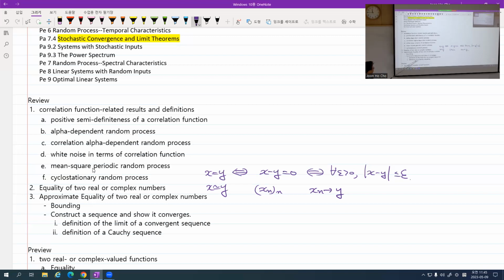And what was the definition of the convergence of a sequence of real numbers? Here goes the definition: for every epsilon positive. So here, we just have a magic spell starting with for every epsilon positive. And then we have to find some natural number n of epsilon, such that for sufficiently large n, which means n greater than or equal to n of epsilon, implies the difference between x_n and the limit y is less than or equal to epsilon.